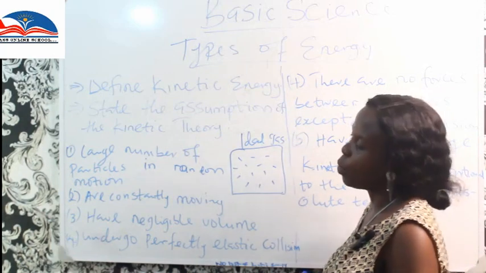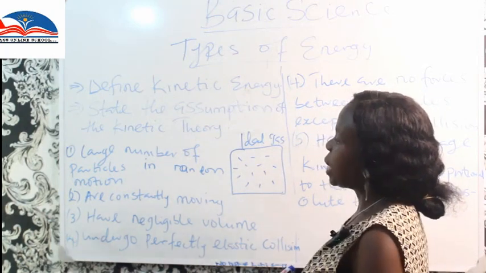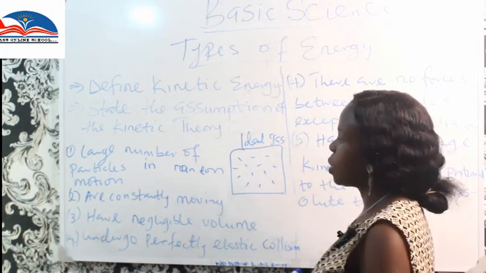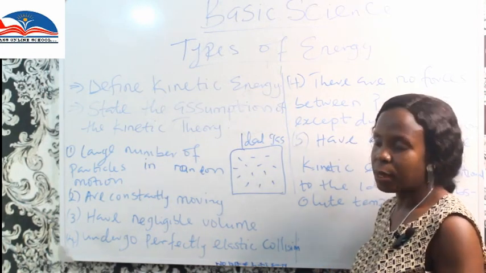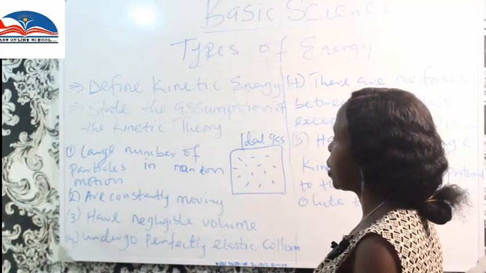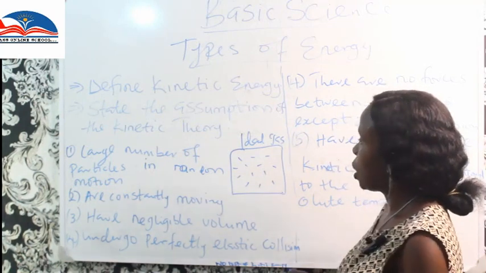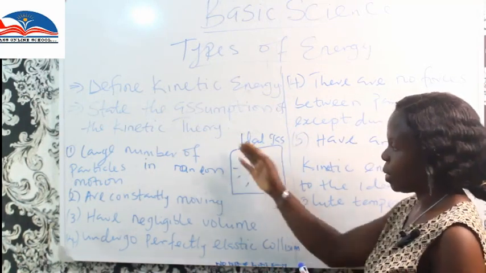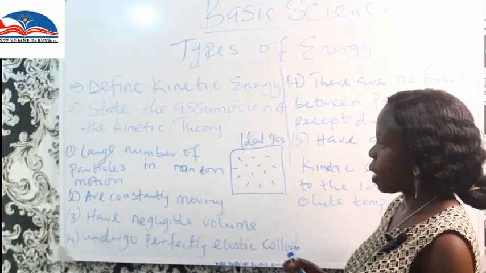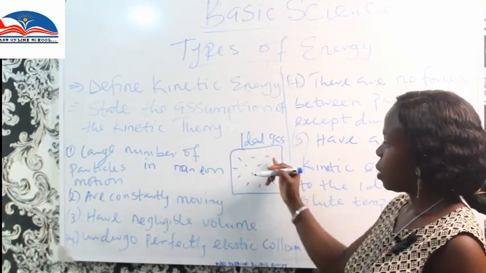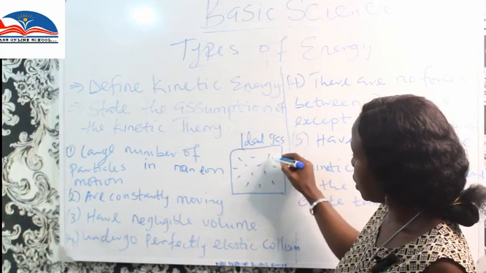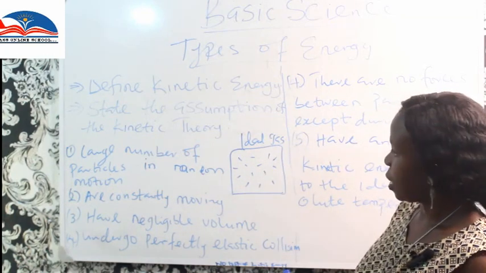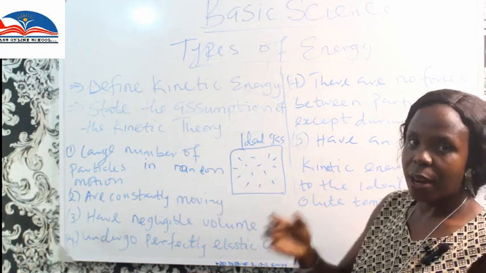Now, the number one assumption is that a large number of particles are in random motion. Let's say this is an ideal gas in a box. These are particles. If you look at their direction, you see that they are not in one direction.